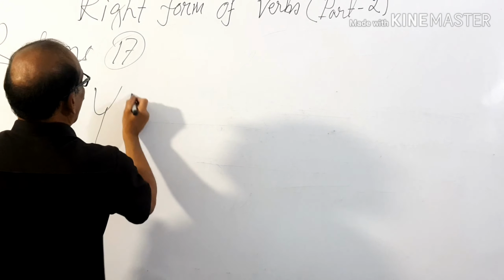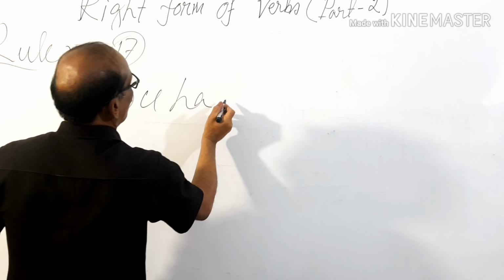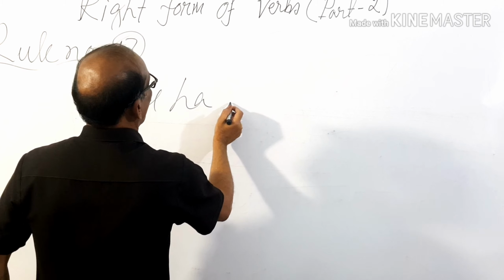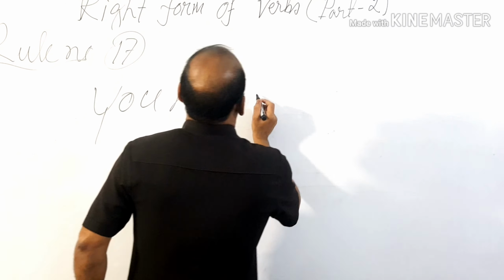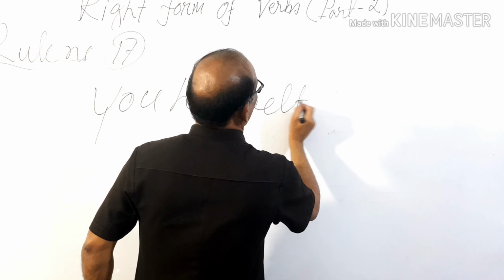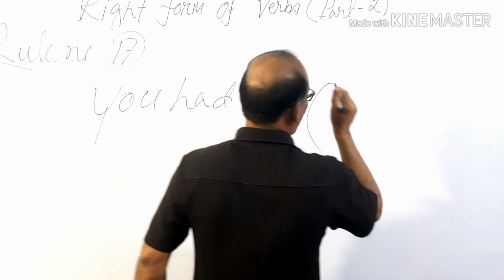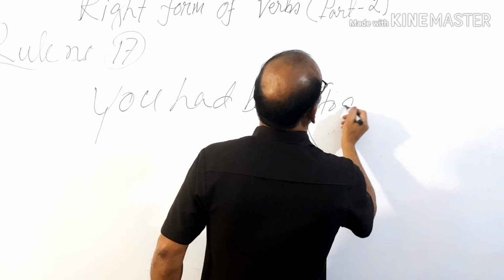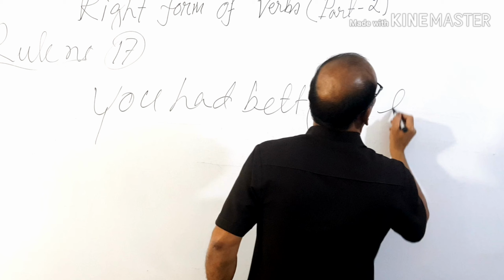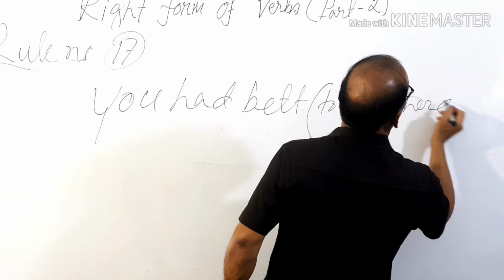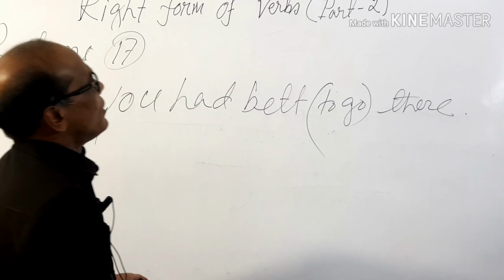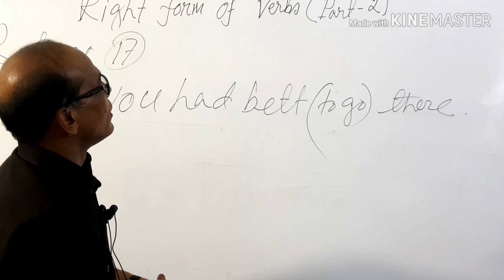Suppose: You had better (to go) there. You had better within bracket to go there.